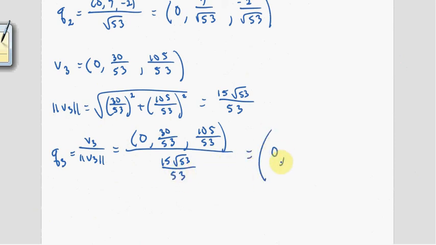So this is 0 there. The 53 goes upstairs, divided, it cancels out with that 53. This is 30 divided by 15. So I get here 2 all over that square root of 53. And then the 53 and that 53 would cancel out. 105 divided by 15 is 7.